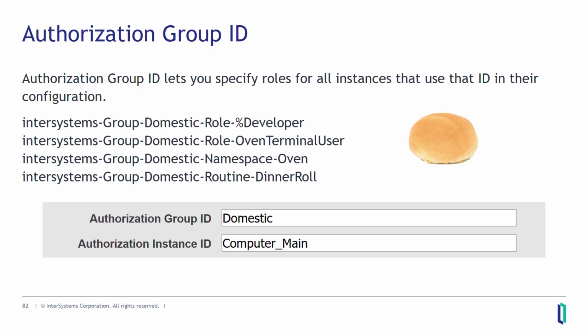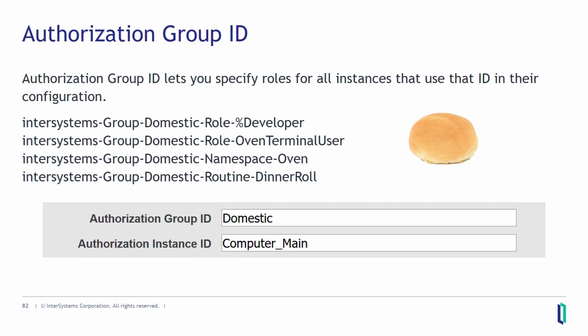Again, you configure that when you configure the LDAP configuration in your instance. Here we're going to call it domestic. And so instead of InterSystems-role-%developer, it's going to be InterSystems-group-domestic-role-%developer. So it's only going to apply to instances that have their LDAP configuration set up to have that in the name.